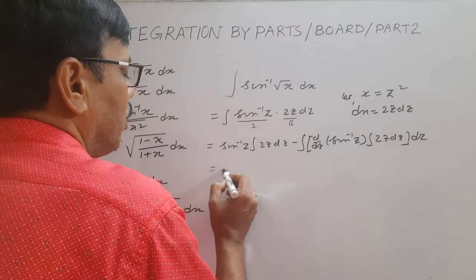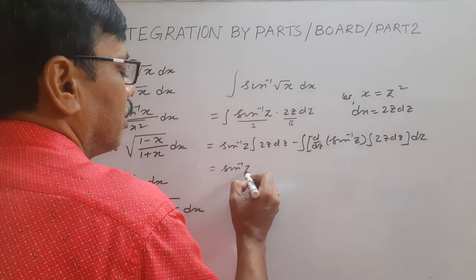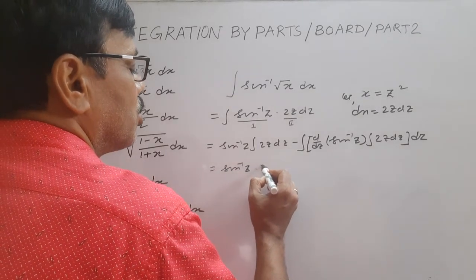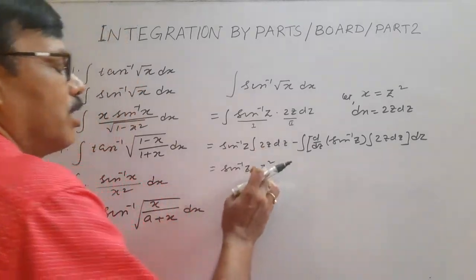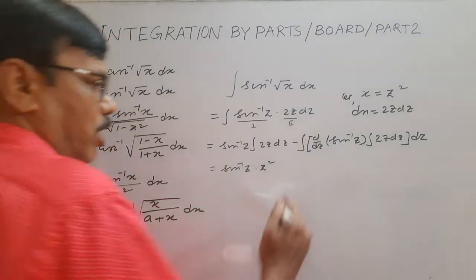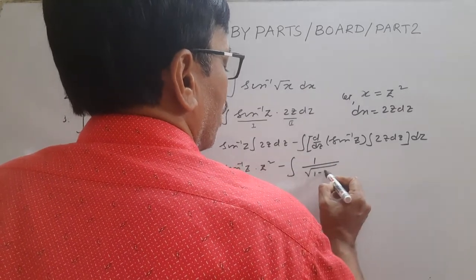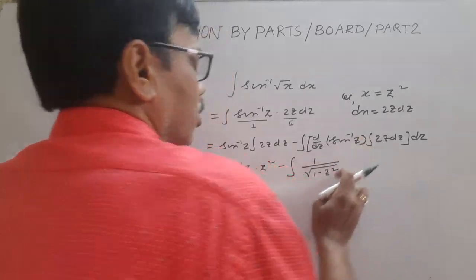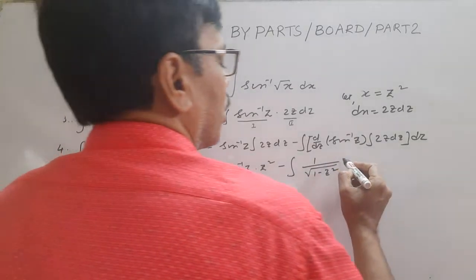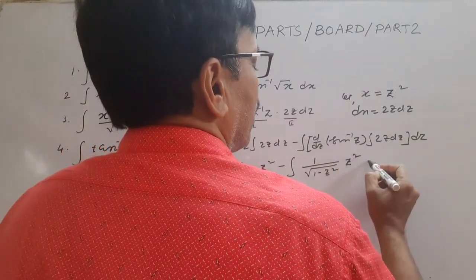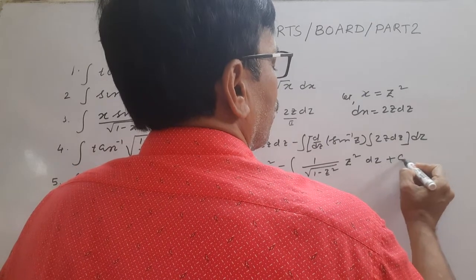Now sin inverse z into z square, integration of 2z is z square, minus 1 by root of 1 minus z square, the argument is z, so only 1 minus z square, into z square dz, plus c1.